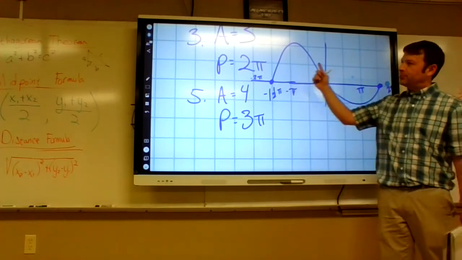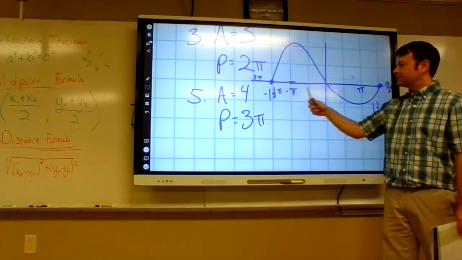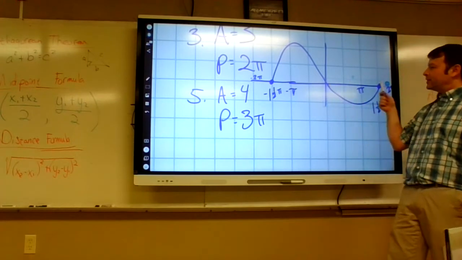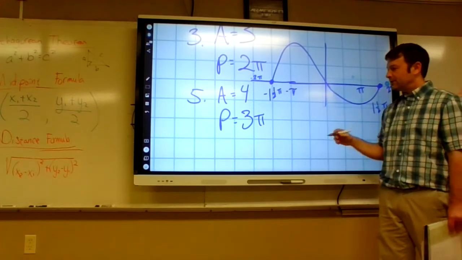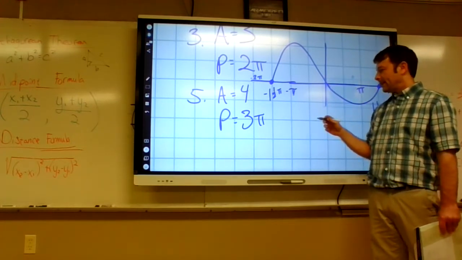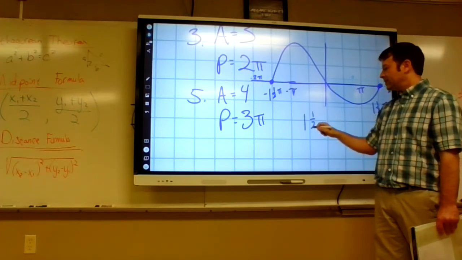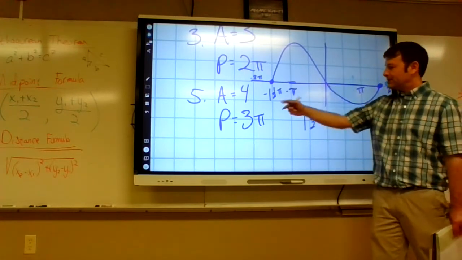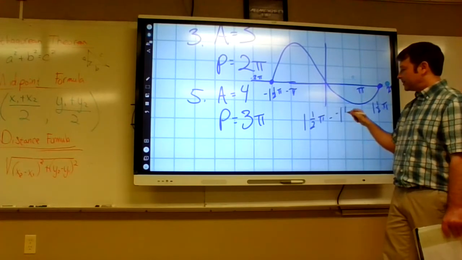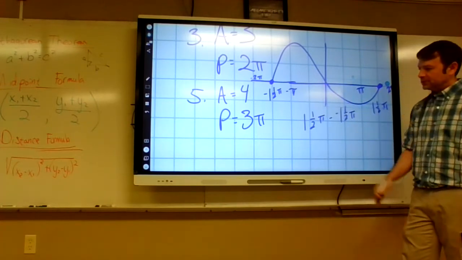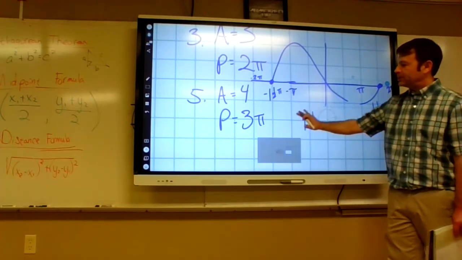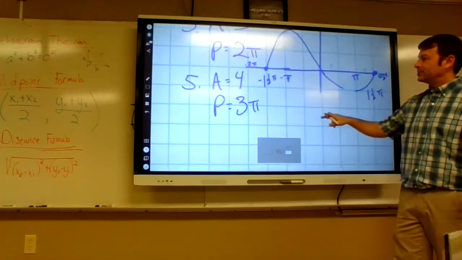So how far is it from 1.5 to negative 1.5? 1.5 to here, 1.5 to there, 1.5 plus 1.5 is 3. 3 pi. Or you could do 1.5 pi minus negative 1.5 pi. 3 pi.